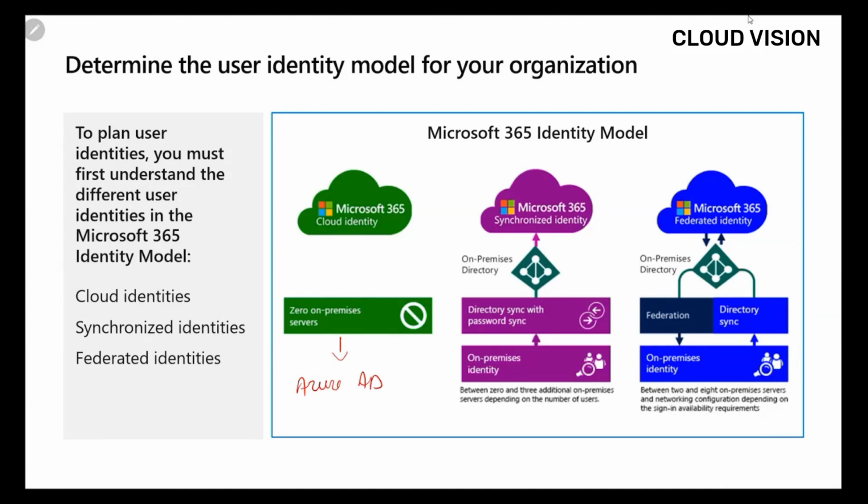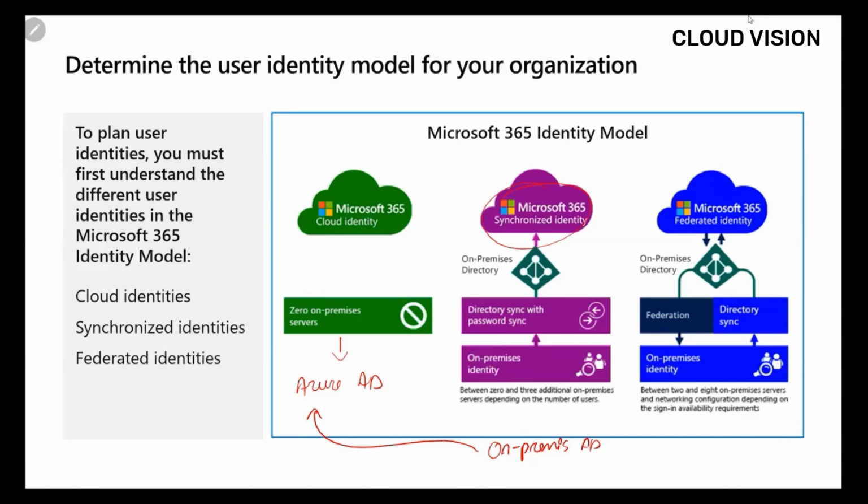The other one is referred to as a synchronized identity. This is an identity that you have synchronized from your on-premise Active Directory to your Azure Active Directory. In this case, the source authority of managing this identity lies with your on-premise Active Directory.